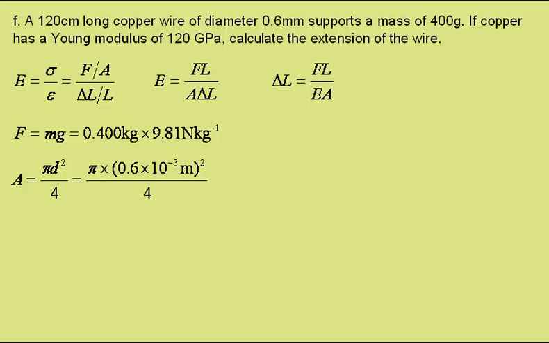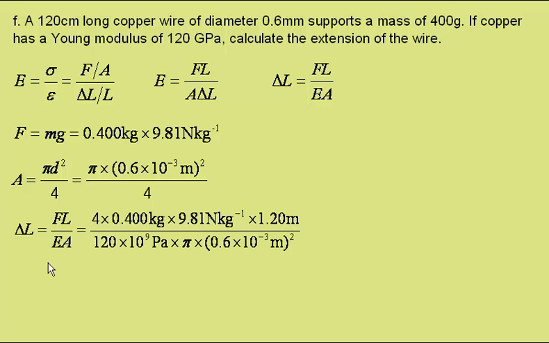So we're now ready to put all our data into this equation, which I'll do down here. The 4 I'll come back to in a moment. The force is given by this term. The length we were given in the equation as 120 centimeters, so I've put it down as 1.20 meters.